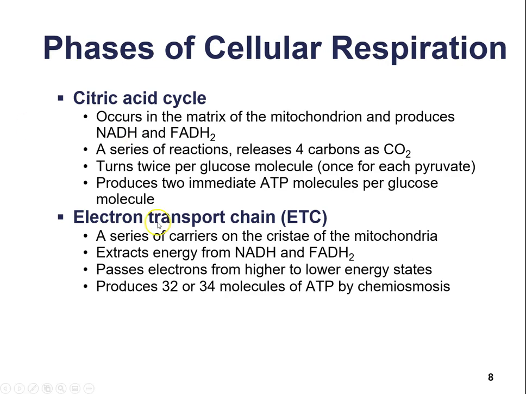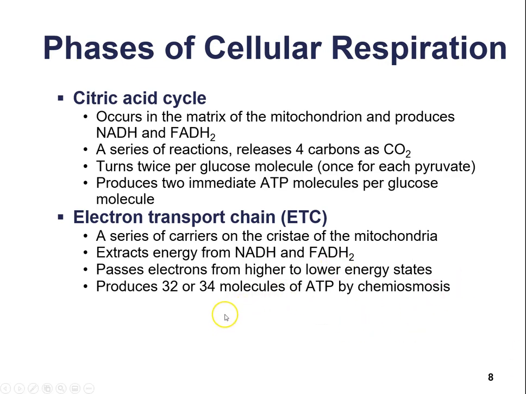Okay, so electron transport chain, right? There's a series of carriers that sit in the cristae of the mitochondria, so in the inner mitochondrial membrane. And these electrons are passed from carrier to carrier in a stepwise fashion. These hydrogen ions are going to be released, and you're going to get this gradient that forms. And then eventually you're going to get ATP produced by chemiosmosis, okay?